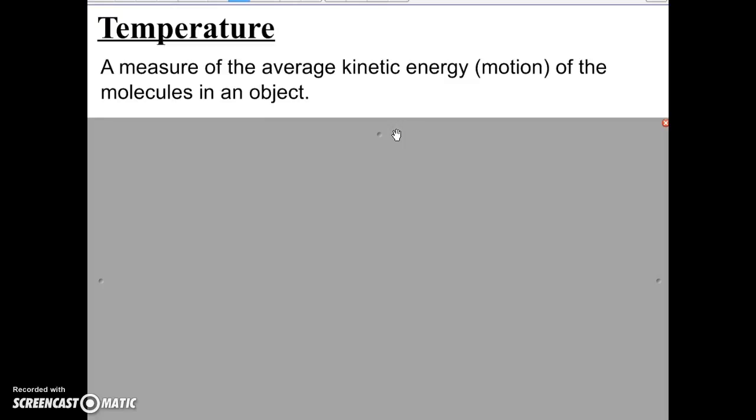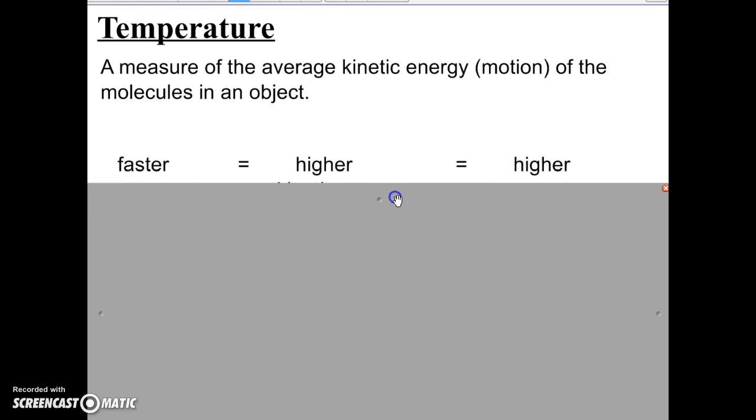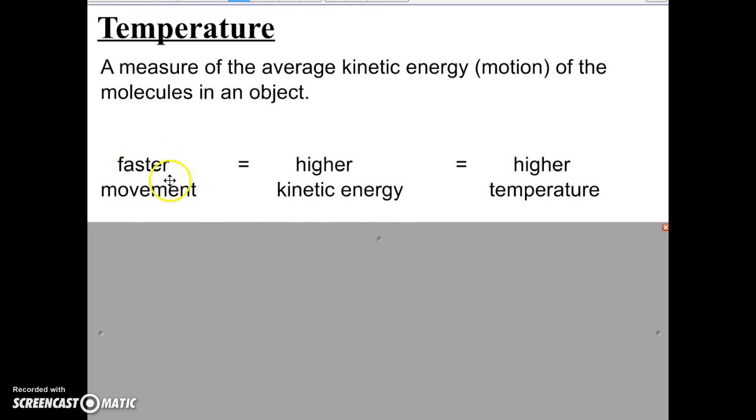When you're sick, your white blood cells are moving faster because they are fighting off the bacteria or the virus that's making you sick. So the faster the molecules are moving, the higher the amount of kinetic energy they have, and therefore the higher temperature the object has. Okay, so temperature is all about how fast the molecules are moving in an object.